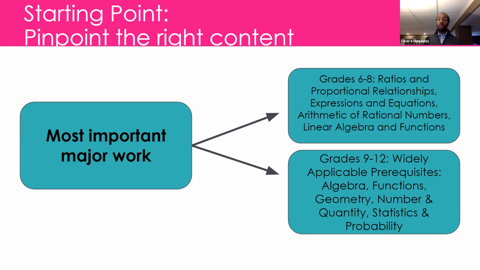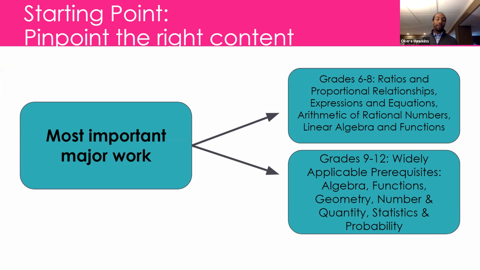The one thing we know about grades 9 through 12 is that those grades have major work, but they don't have clear delineations, because in high school, sometimes people provide very traditional courses, algebra 1, algebra 2, geometry, et cetera, or they do an integrated math series where there's an intermingling of multiple disciplines over the course of several years.